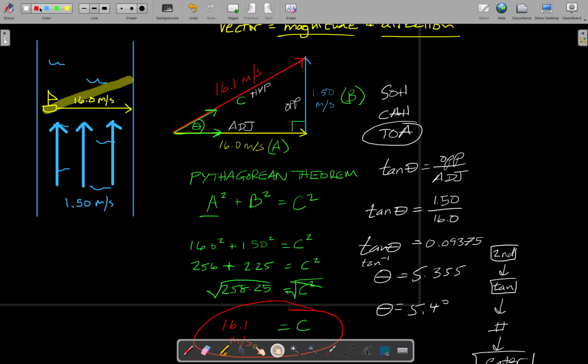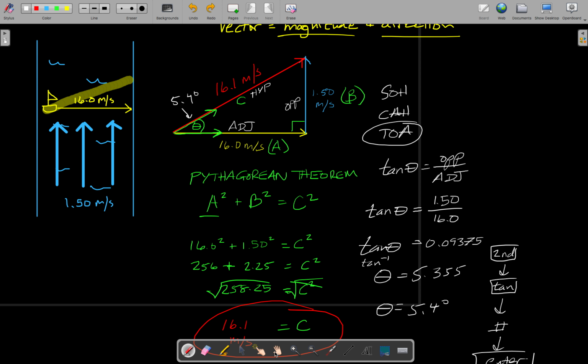And so that's going to be this thing right here. So my theta is 5.4 degrees. Now we also need to point out exactly where it's going.